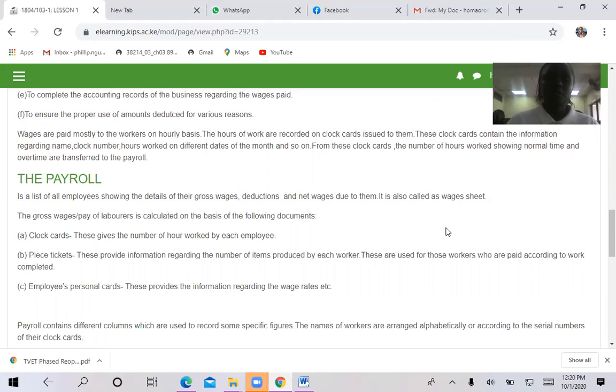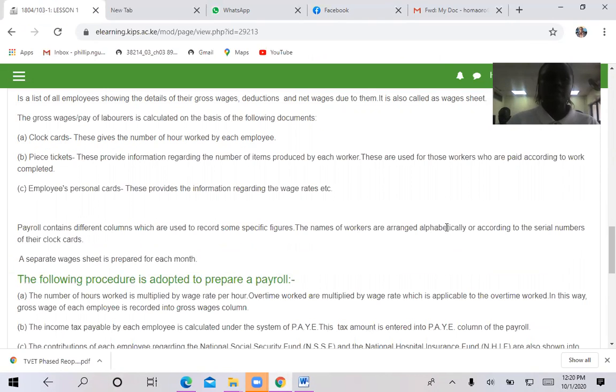So as I've said, the gross wages or pay of laborers is calculated on the basis of the following documents. We have the clock cards, the piece tickets, and the employee's personal card. The clock card will give the number of hours worked by each employee. The piece ticket will provide information regarding the number of items produced by each worker.